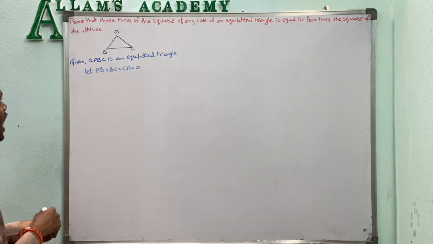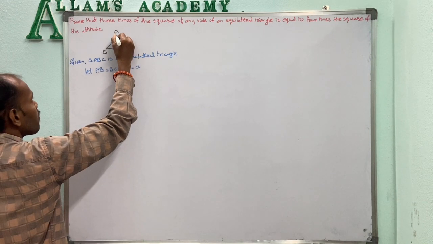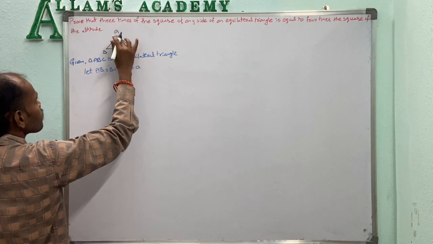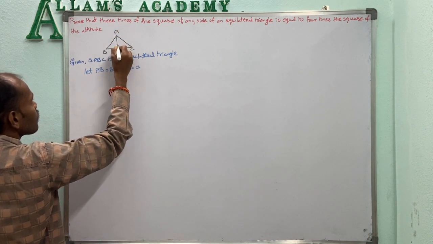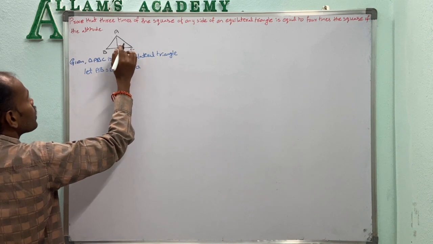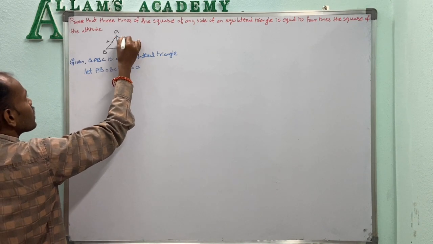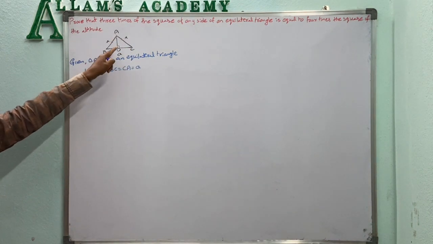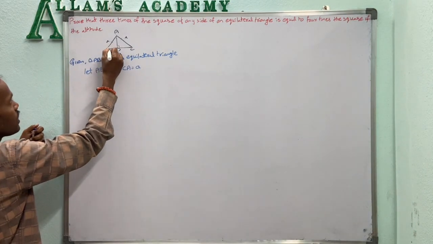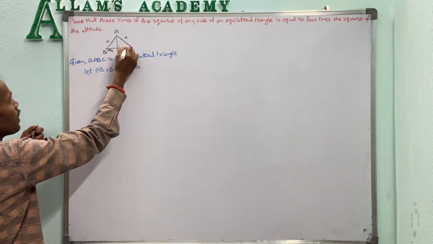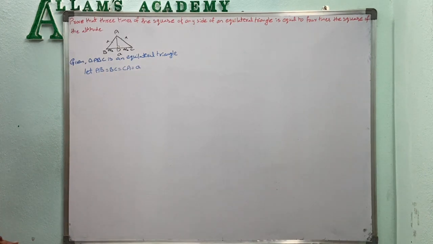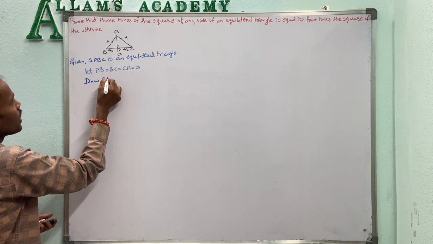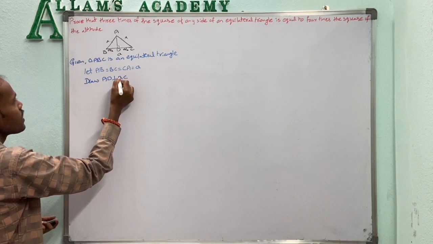So if we draw an altitude from the point A, the altitude of an equilateral triangle divides the side into two equal halves, that is A by 2, A by 2. So draw AD perpendicular to BC.